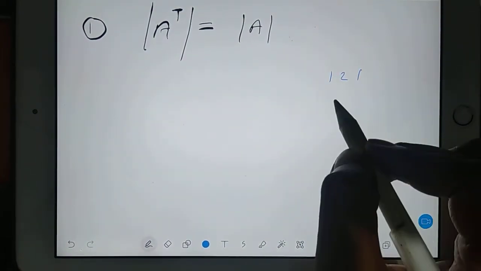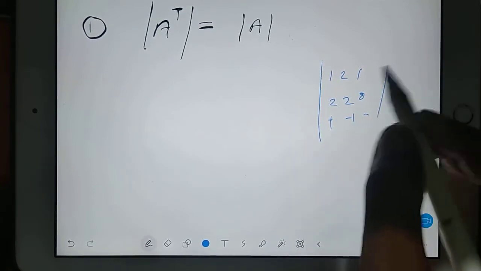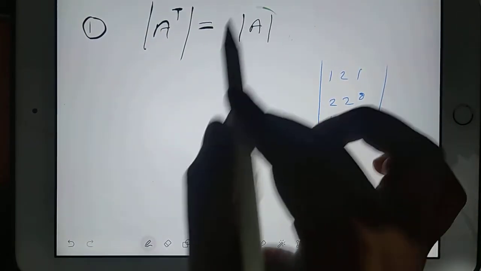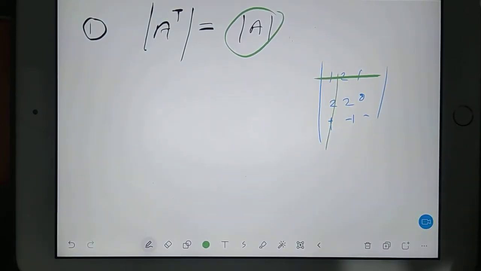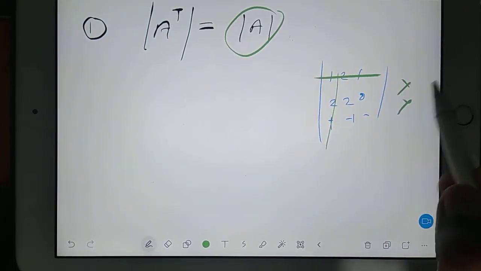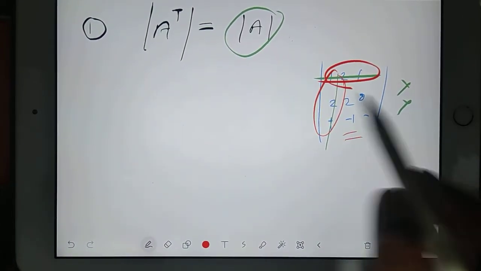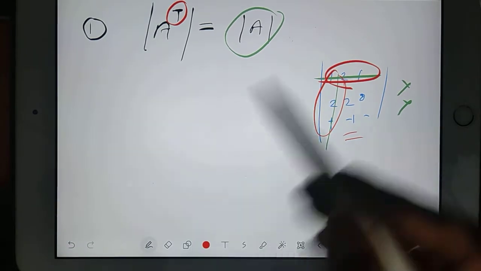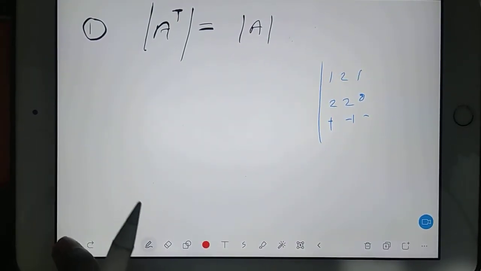Suppose you have 1 2 1, 2 2 0, 1 minus 1 something. How do we calculate the determinant of a matrix? We choose any row or any column, right? That does not matter. If you change the row into a column, no doubt you'll get the same answer. That's why even after doing the transpose, you get the same answer.